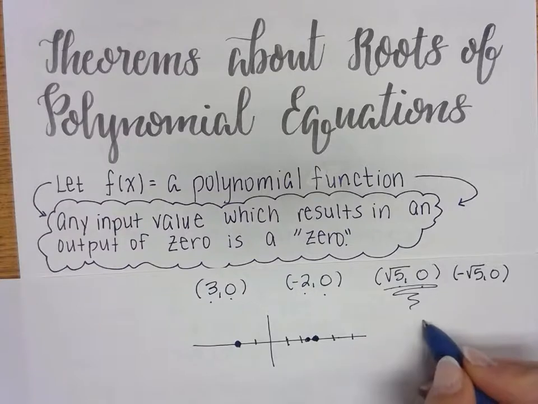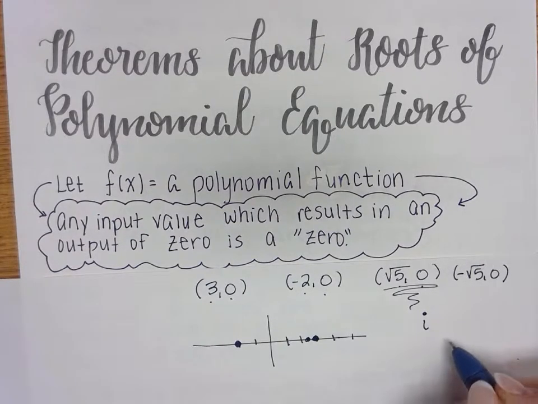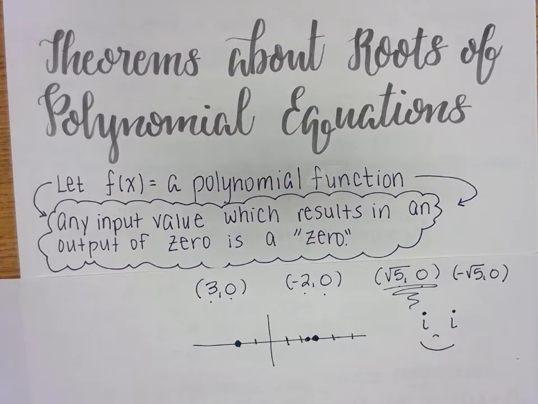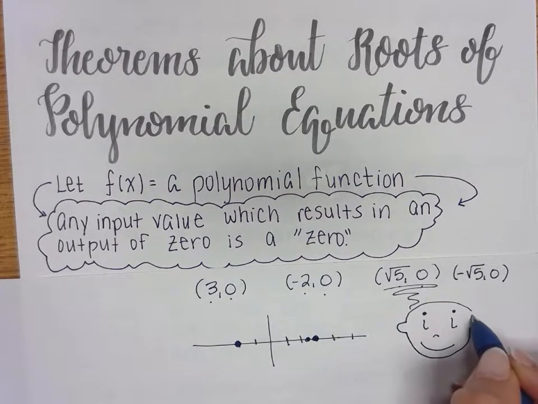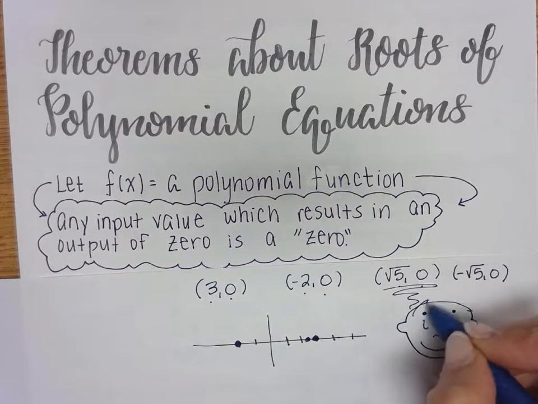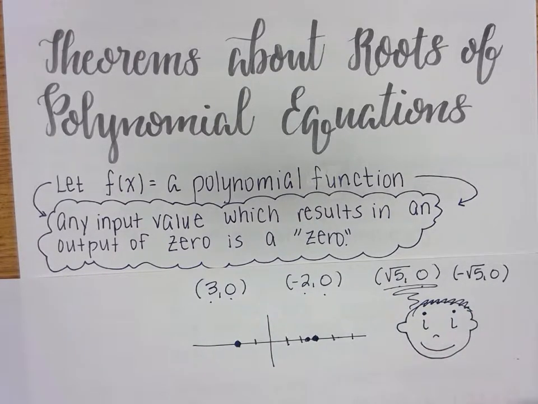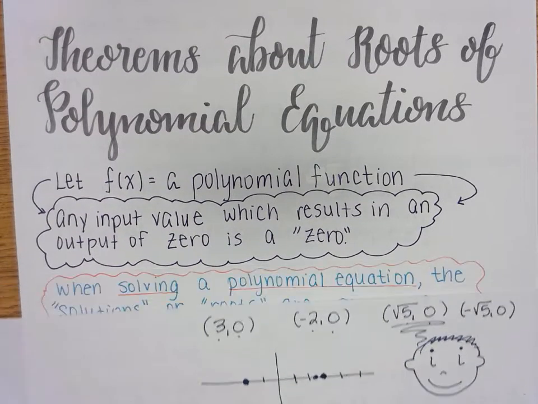So I like to think irrational starts with the letter I, and we have two eyes on our face. Our eyes on our face, they come in pairs. So you have to remember that your irrational answers are going to come in pairs. All right? Anyway, continuing a little bit more.